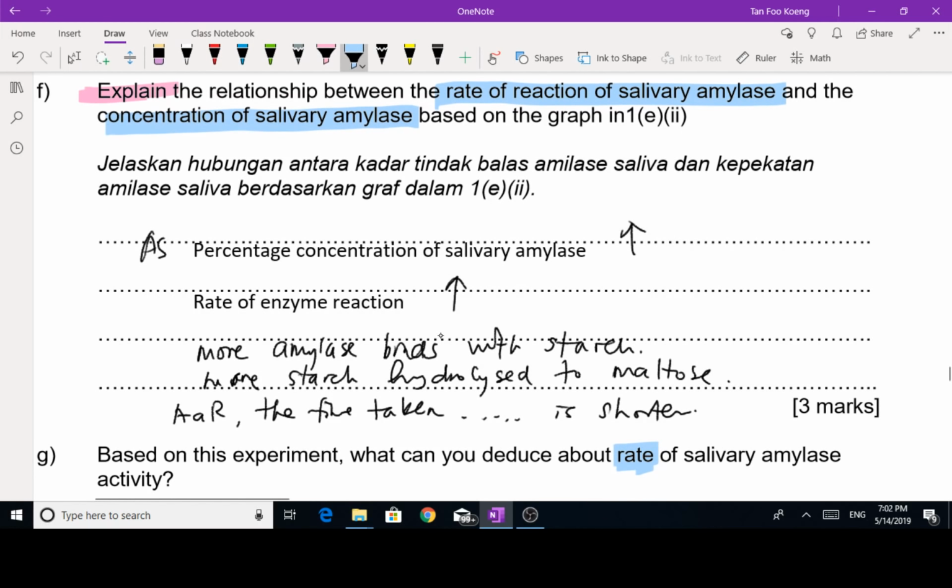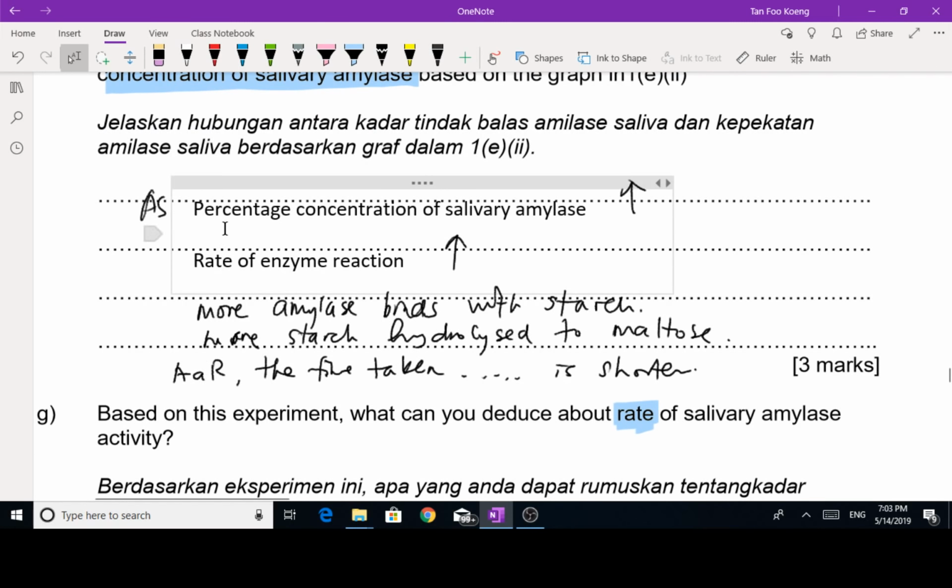Then I need to explain this relationship. Because as I increase the concentration of the salivary amylase, there is more amylase to bind with the starch, or I can say that more starch will be hydrolyzed to maltose, and as a result, the time taken for complete hydrolysis of starch is shorter.